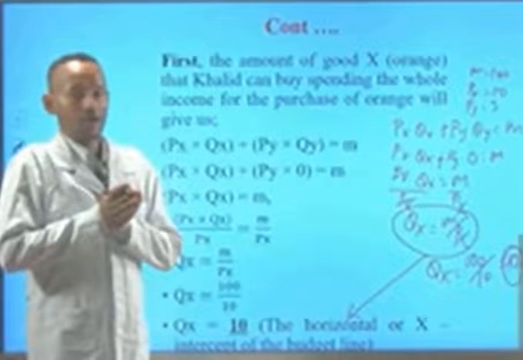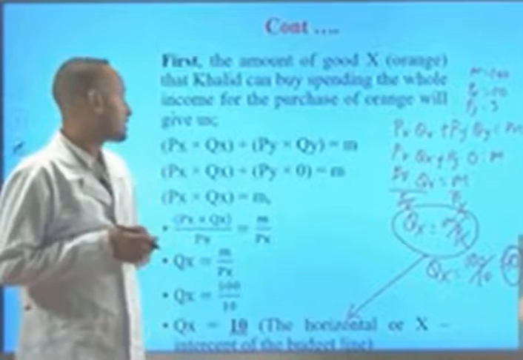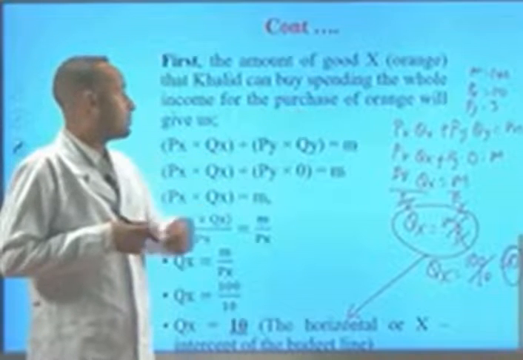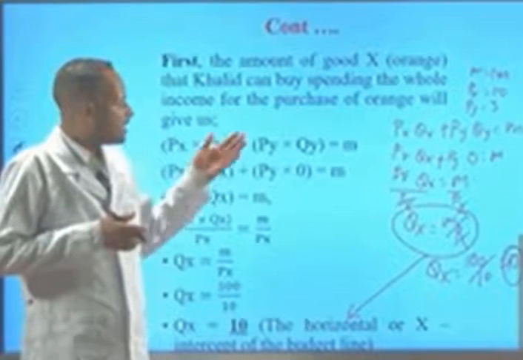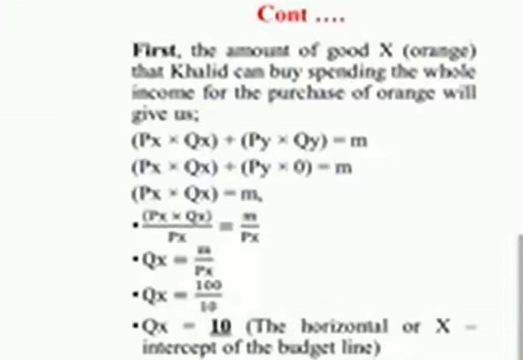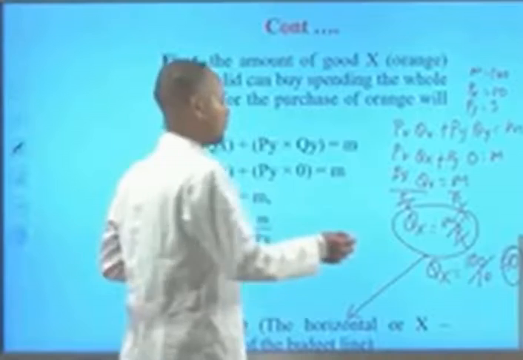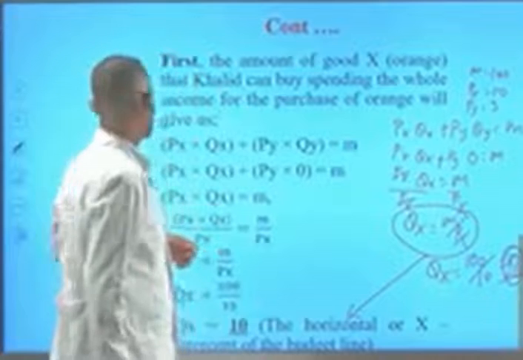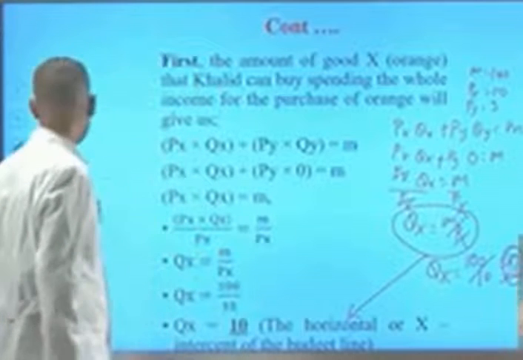If the price of a kilogram of orange is birr 10 and the price of a kilogram of banana is birr 5, and if Khalid has 100 birr, if he spent the whole 100 birr for the purchase of orange, he will buy 10 kilogram of orange. This is the horizontal intercept or the x-intercept of the budget line.